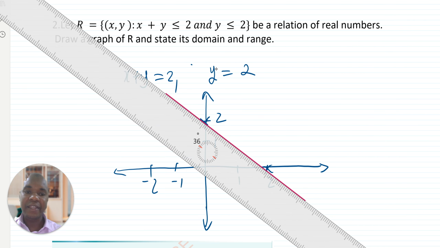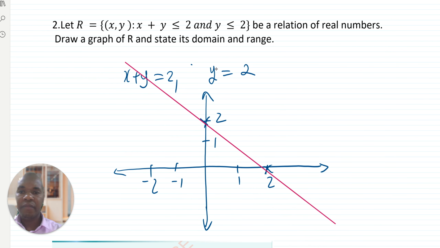So this is a line. So this is actually x plus y equals 2.